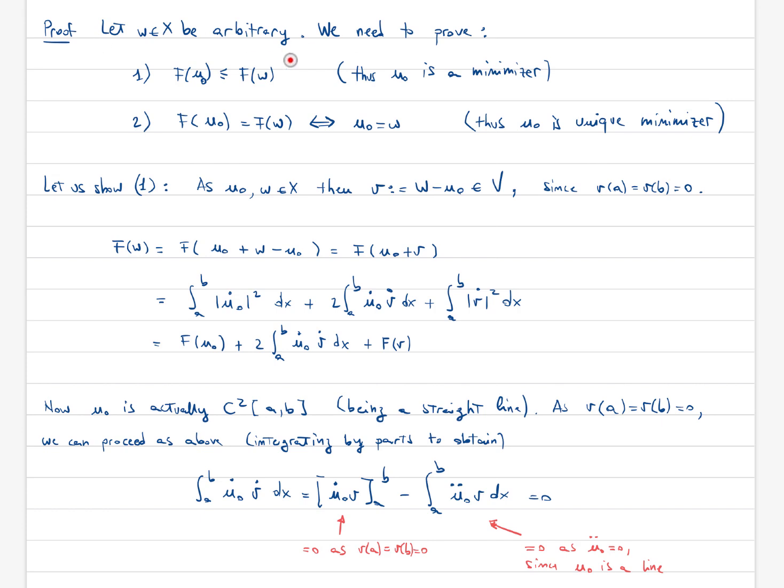Okay, so what we actually need to prove is that 1, f of u0 is less or equal than f of w for all w in x, and this shows that u0 is a minimizer. We actually need to show this for all points in x, so let's write it for all w in x.